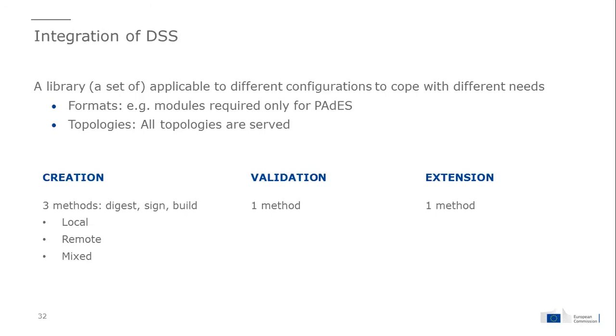The digest of the document to be signed, the signature of that digest, and the construction of the signature based on this signed digest. With DSS, you can deploy these different methods in different locations, meaning that you could put everything locally, for instance, on your laptop.